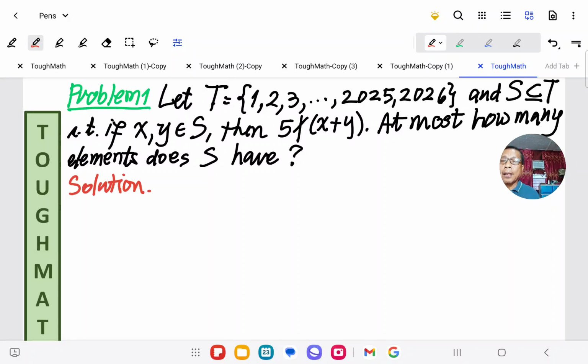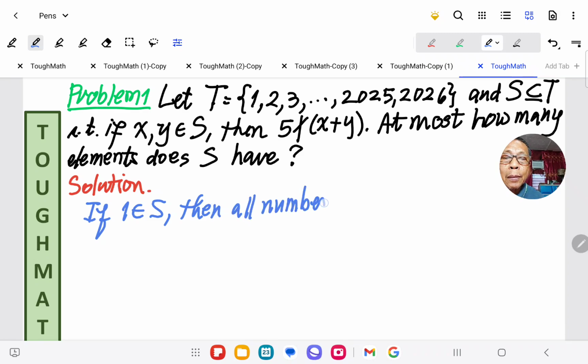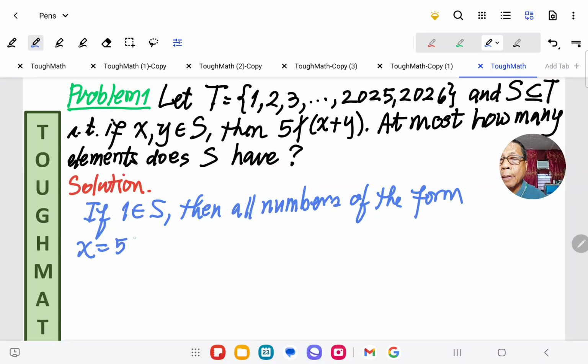Okay, so first, if 1 is an element of S, then all numbers of the form 5k minus 1 are not in S. Because if they are in S, then their sum is divisible by 5.